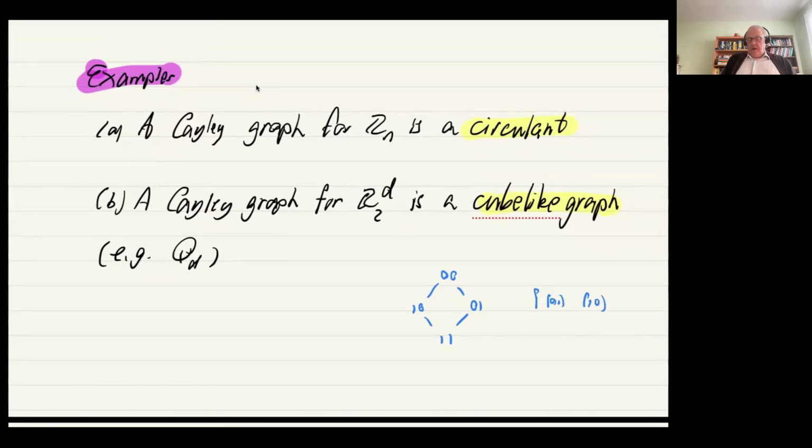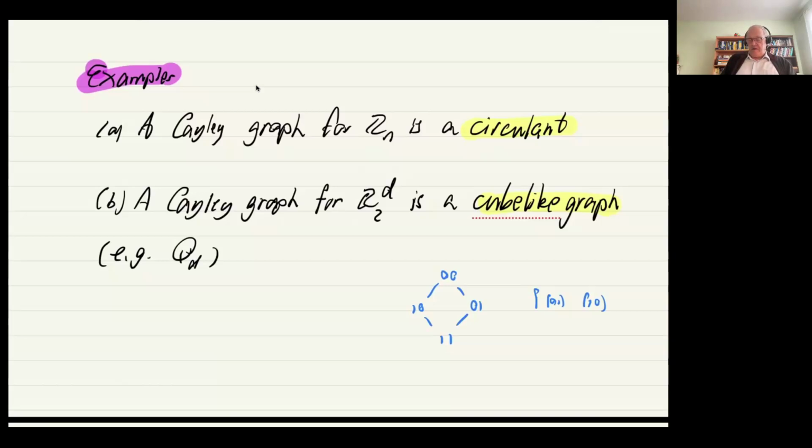And the connection set, the way I've done it, is (0,1) and (1,0). When you construct the Cayley graph, each arc is determined by an element of the connection set. It's labeled by g or g inverse, and in this case, since we're elementary abelian of order 2, there's no difference.